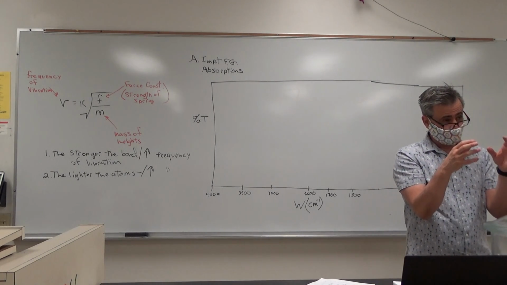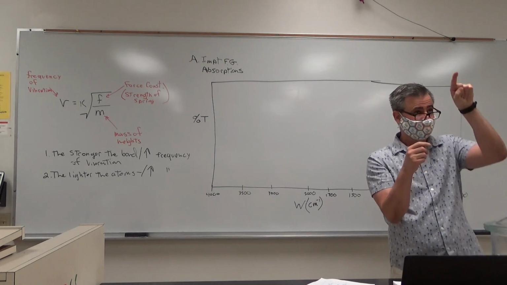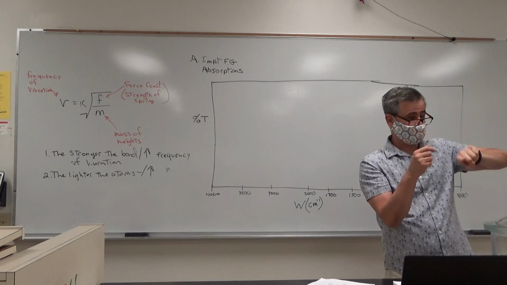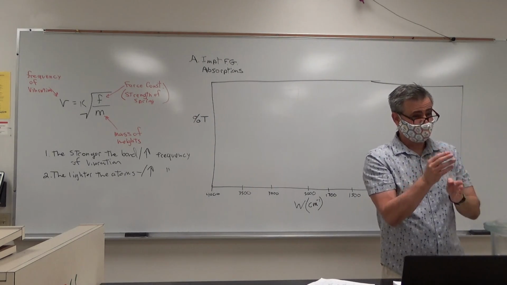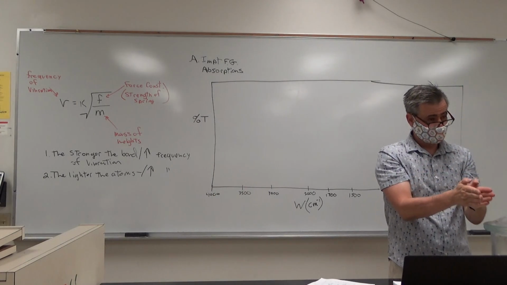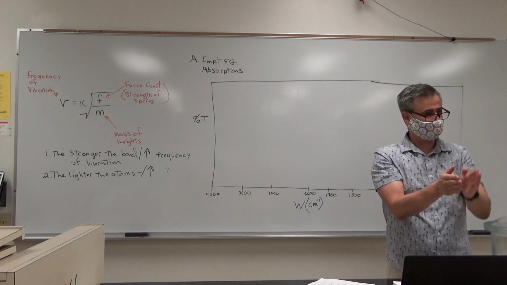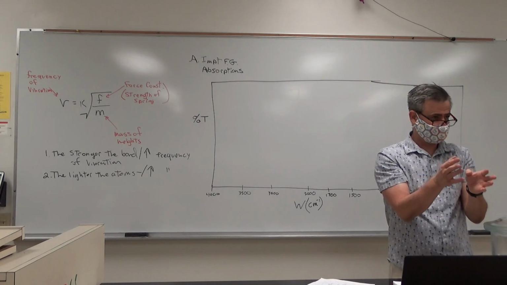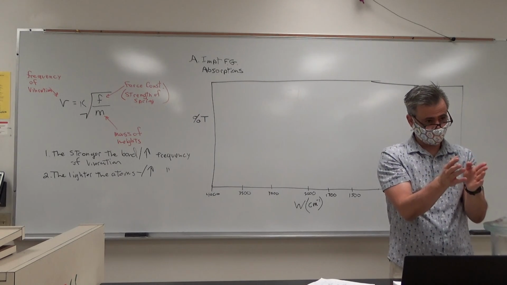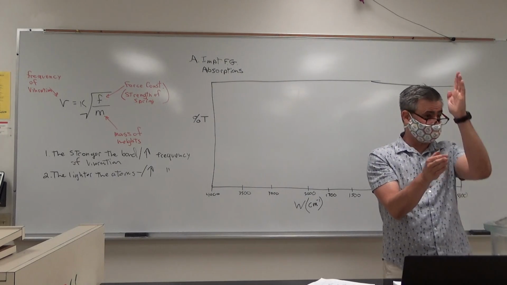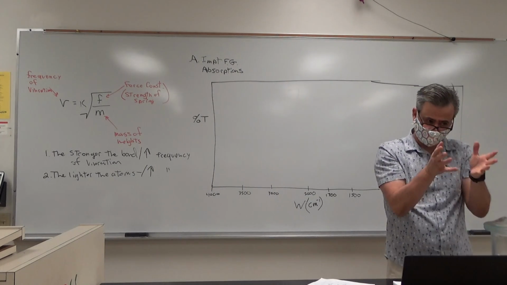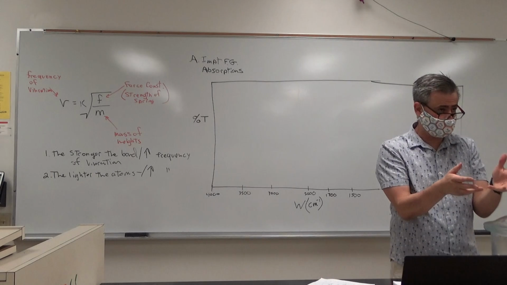It can actually be over a small range, so you'll see absorptions like this. Now some of them will be very sharp, where it's really just that specific wavelength that you get the absorption for this particular alkene in this particular molecule.